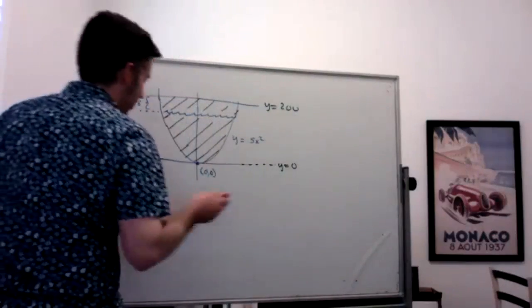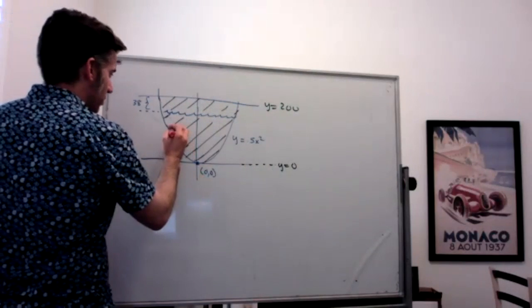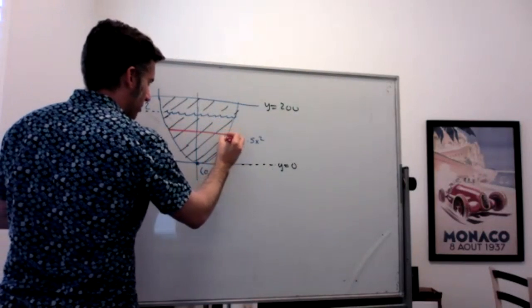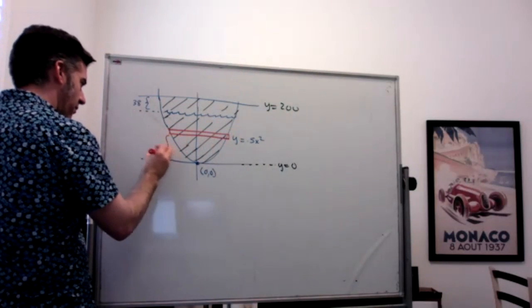So what I want to do is find the fluid force due to pressure on a strip. So I'm going to draw some representative strip, and I'm going to say that strip is at a height of y.